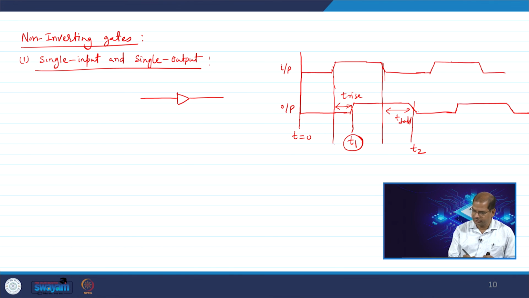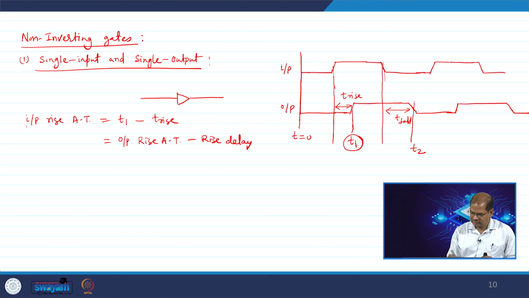So, the input rise arrival time is basically T1 minus T rise. This T1 is the output rise arrival time minus rise delay.